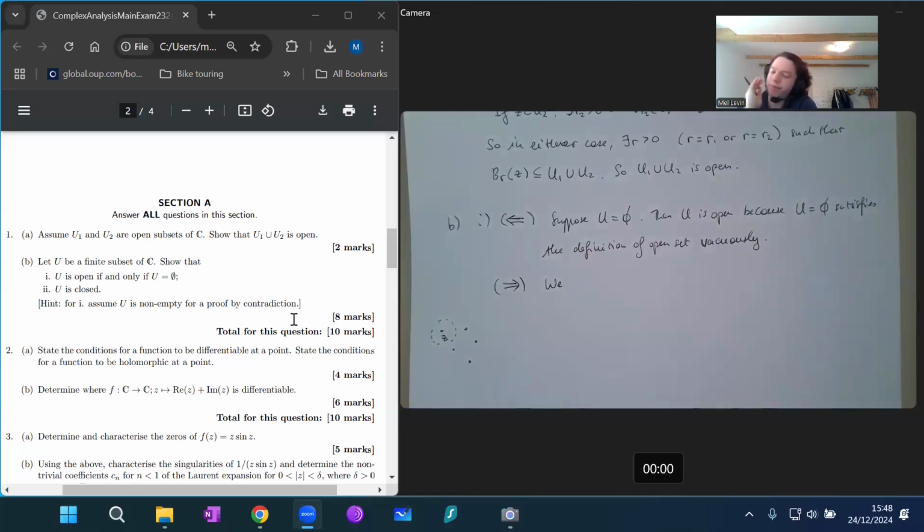It seems super obvious, and I suppose the way to make this precise is that because it's a finite set, there is a minimum distance from that point Z to the rest of the points in the set, if there are any.